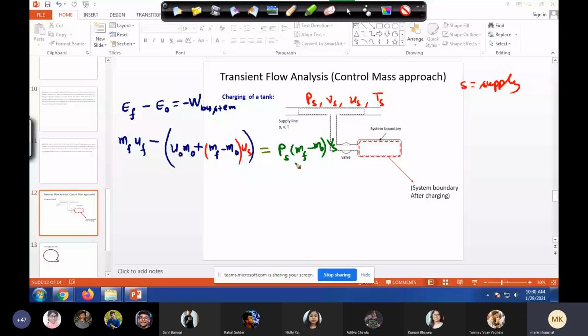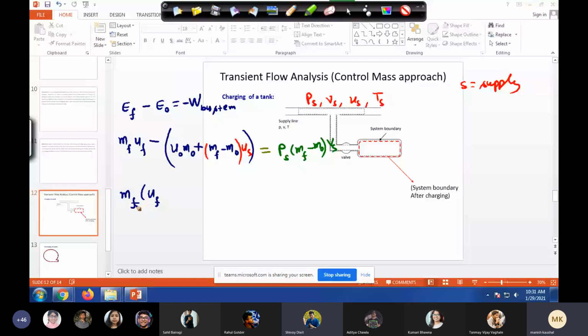Let's use the proper colors so that there is no confusion. If I take MF common, then we have this UF, plus... can US and U naught be the same?